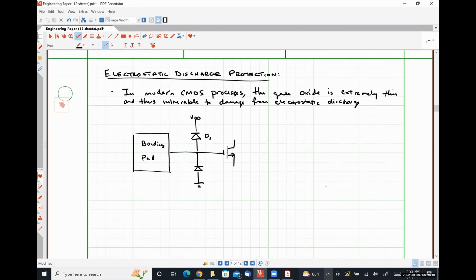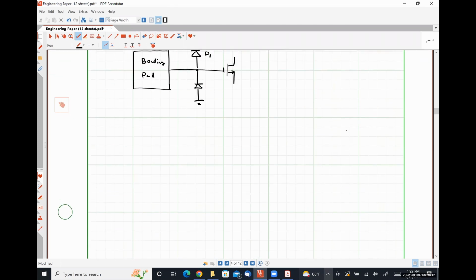So how do we implement something like this? Well, we have our bonding pad here, on our metal 3 layer.